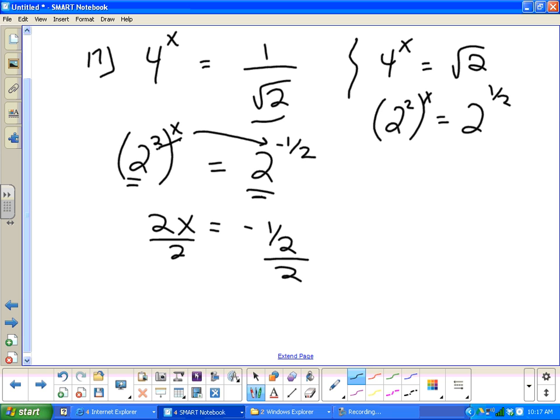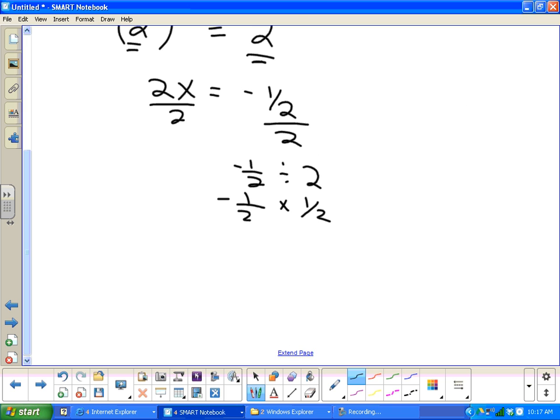So this is like negative 1/2 divided by 2, which would be negative 1/2 times 1/2. So it's going to give me negative 1/4. Realistically, you can just take that and throw it in the calculator, especially with that new operating system, when you put in the fractions.